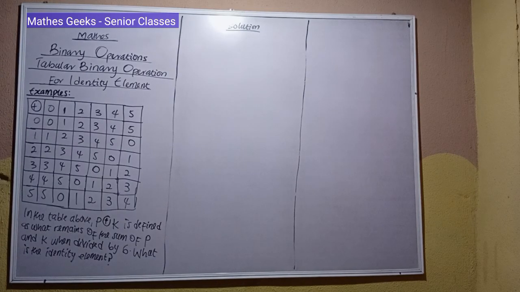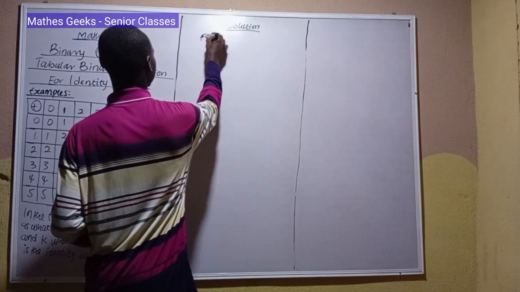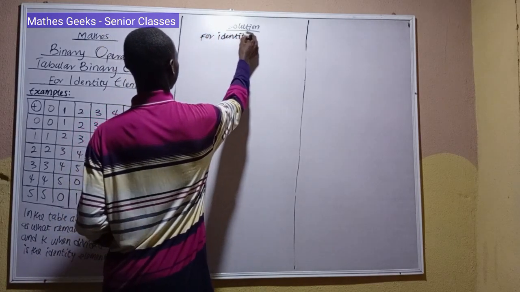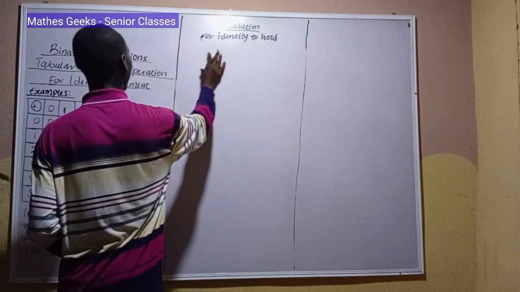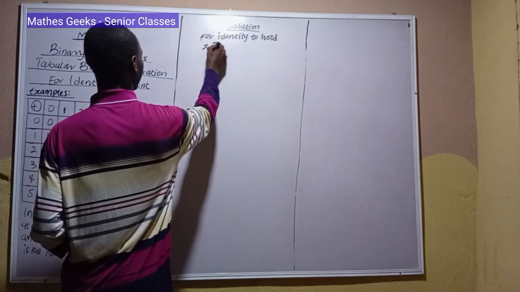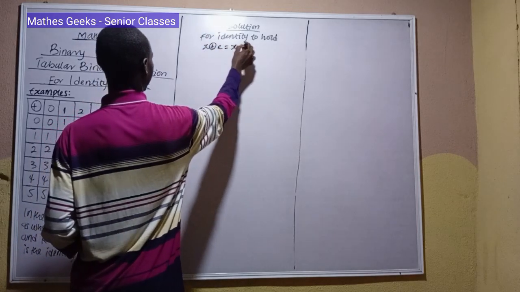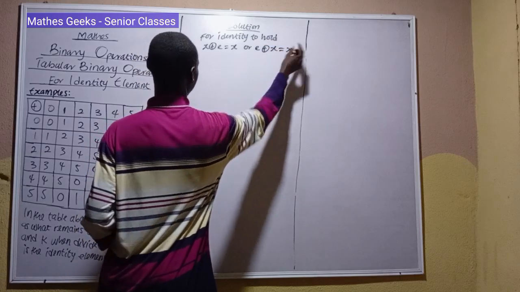In the table above, P operation K is defined as what remains of the sum of P and K when divided by 6. What is the identity element? For identity to hold, x can be any number here, x operation E should be x, or E operation x should be x.